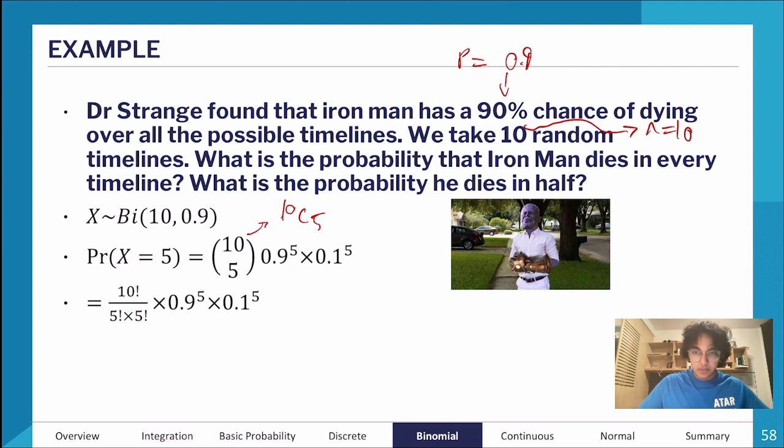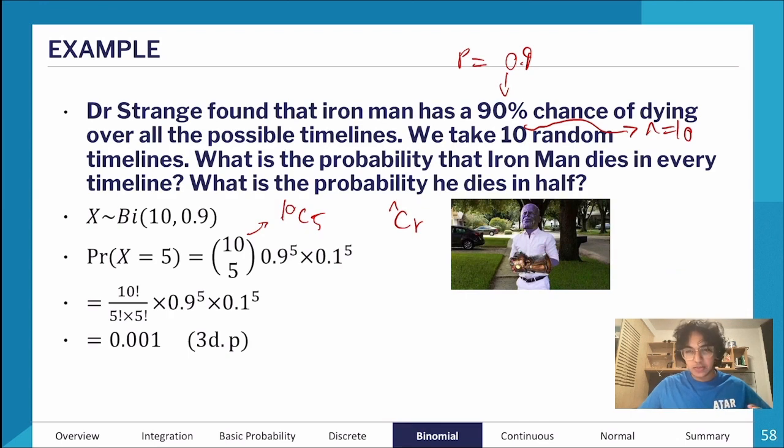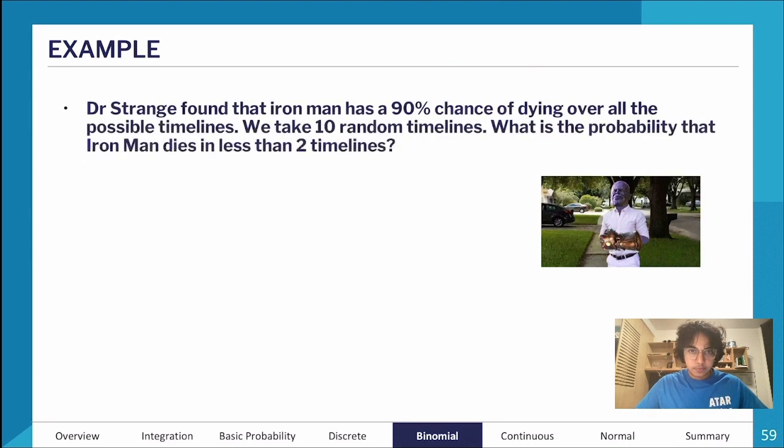So I sub that into my nCr equation, and then sub everything else into my binomial equation, and I get 0.001 to 3 decimal places. Since this didn't ask for any decimal places, it's probably better to give it as an exact value.